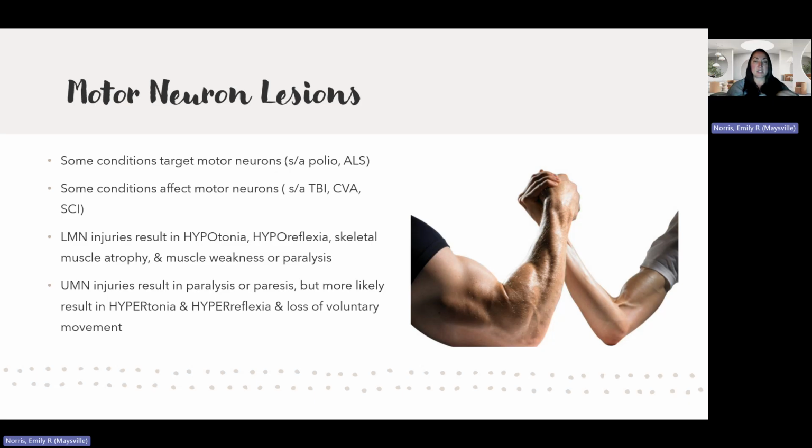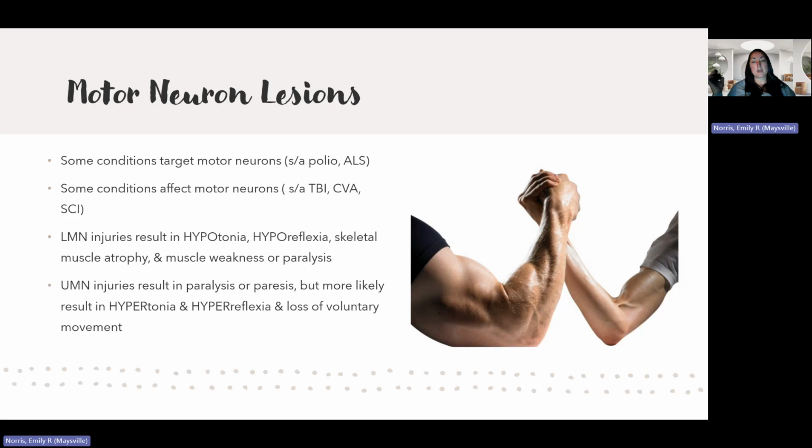So that's spasticity and increased tone. And they typically will lose voluntary movement, the ability to move when they want to, with those upper motor neuron lesions.